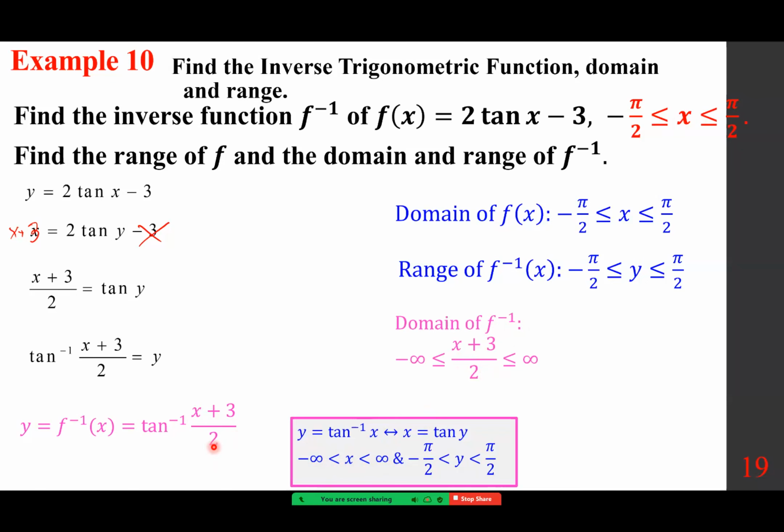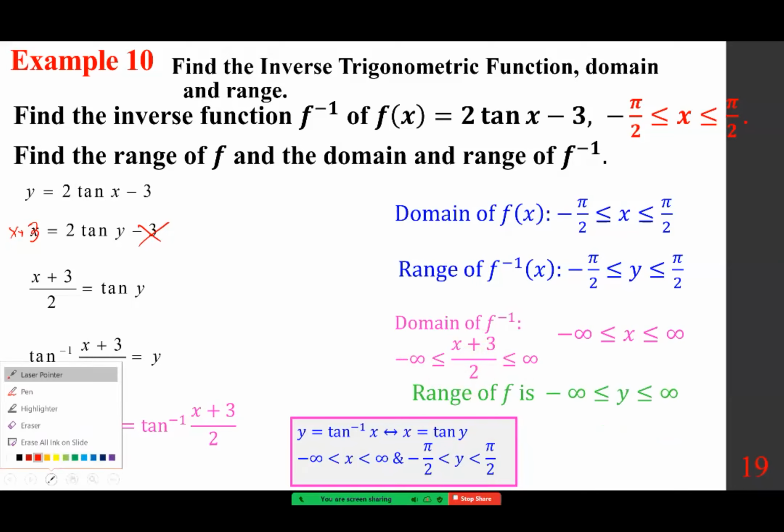That means regardless of whatever this is, this expression is between negative and positive infinity, and so is x, because if you multiply by 2, minus infinity becomes minus 2 infinity, and infinity becomes 2 infinity. It is still infinity. And then if you subtract 3, I hope you see that.